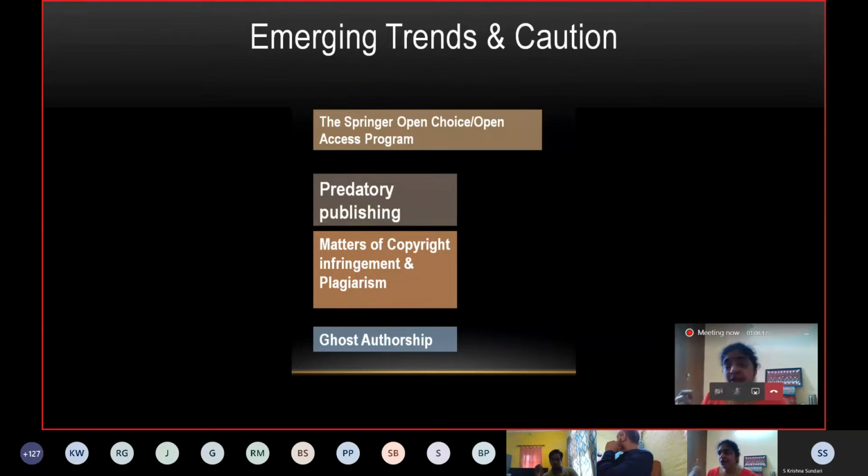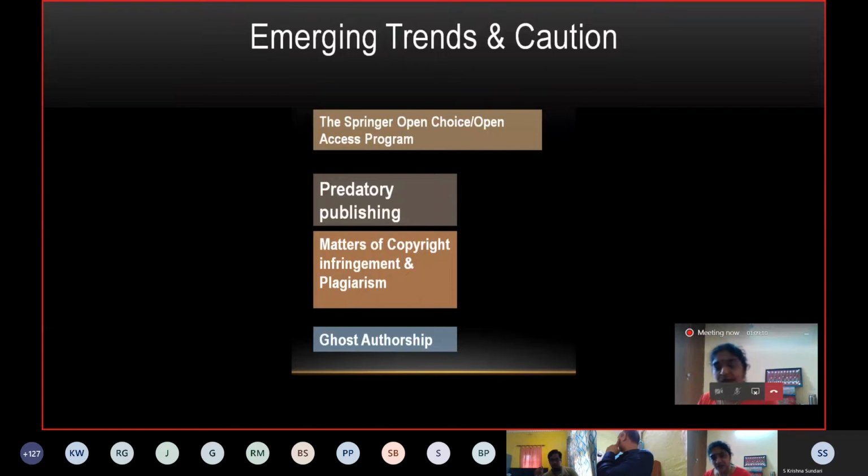And then come the matters of copyright infringement and plagiarism. You have to be very careful even if you are writing a very small paragraph which is taken from someone else's work. You have to be sure that you are not infringing their copyright.